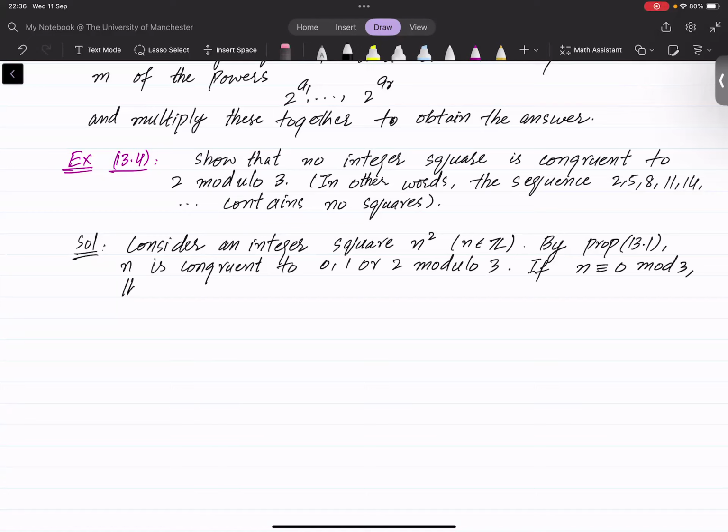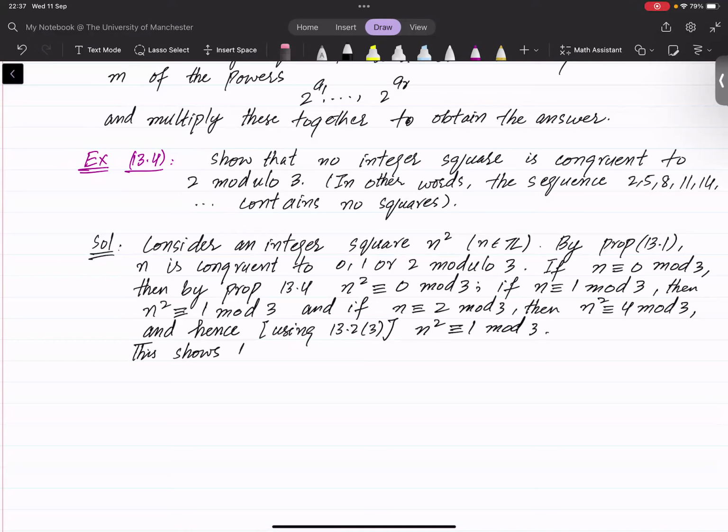This shows that integer squares are congruent to 0 or 1 modulo 3. Okay. Perfect. Right.